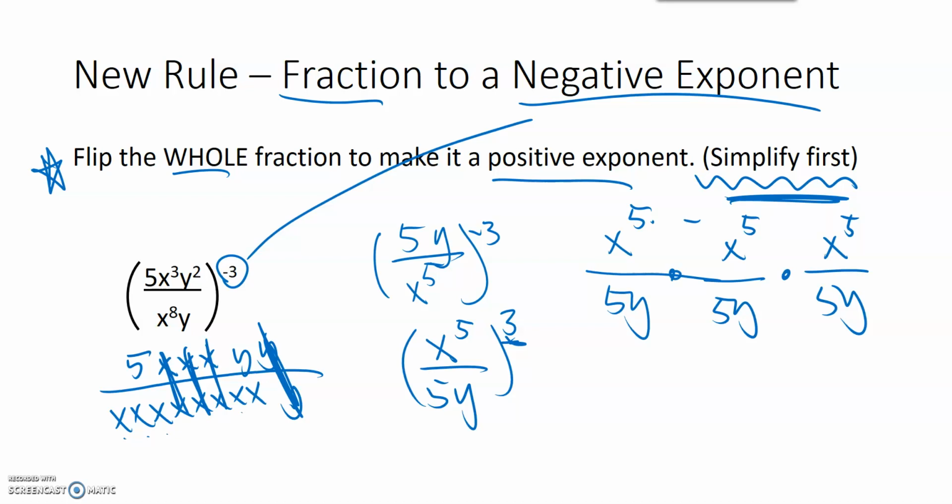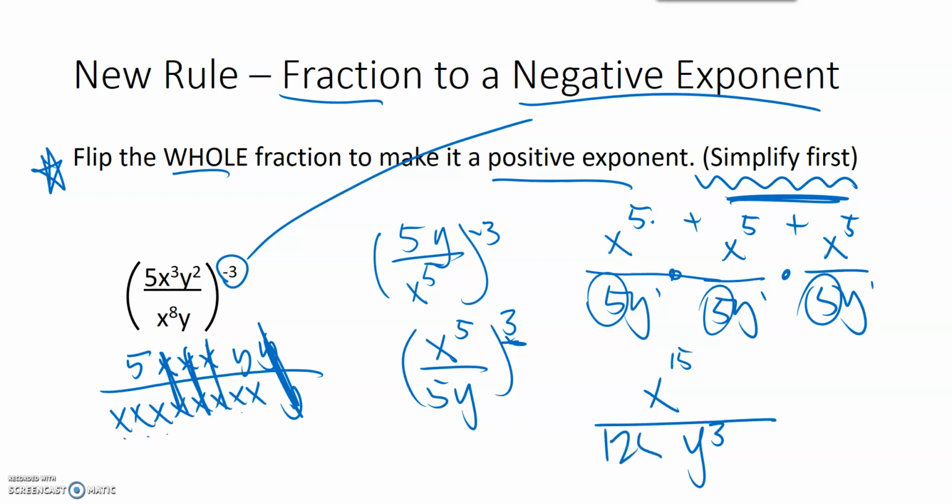Well, 5 plus 5 plus 5 is 15. Y to the first, y to the first, y to the first, that's really y cubed, because 1 plus 1 plus 1 is 3. And I multiply those coefficients, the 5s. Well, 5 times 5 is 25 times another 5 is 125. And there is my answer.